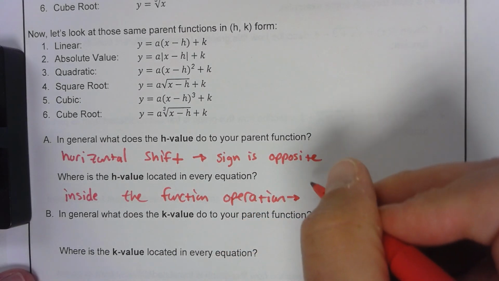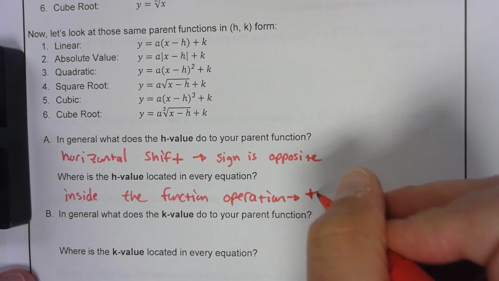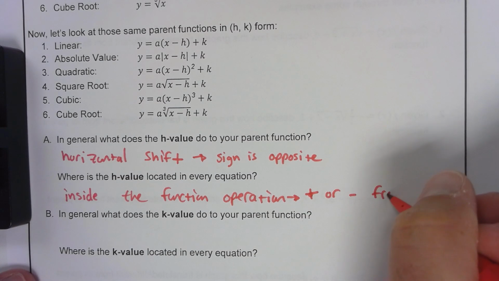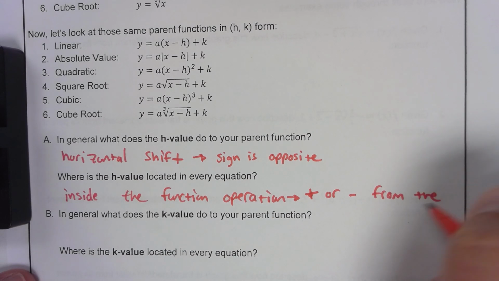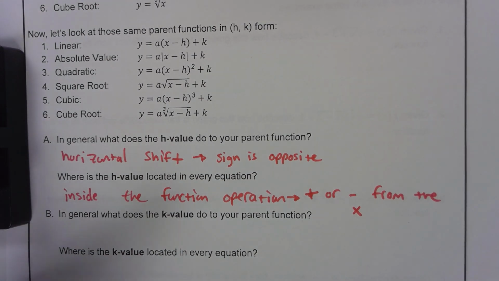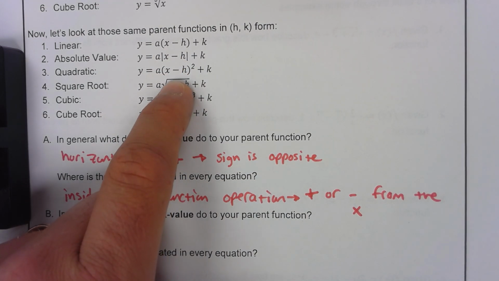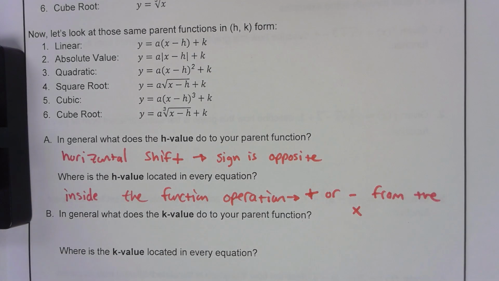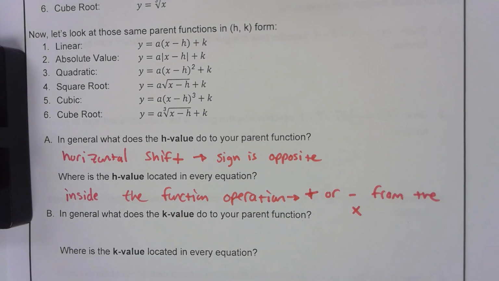Another way to think about it is that it's added, so plus or minus, from the X. It's added or subtracted from the X. But again, I like inside the function operation best. So inside the parentheses, inside absolute values, inside the squaring, inside the square root, inside the cubing, inside the cube root.